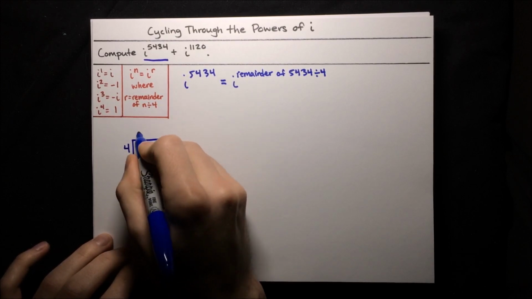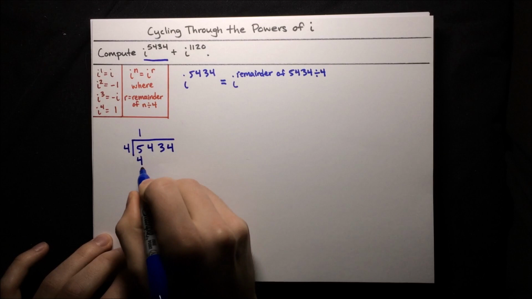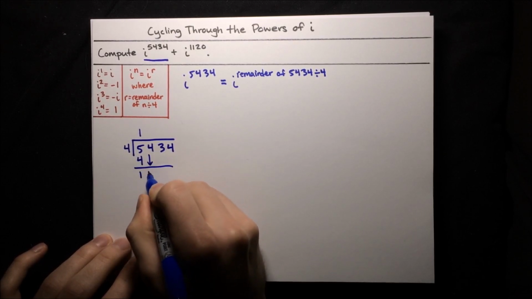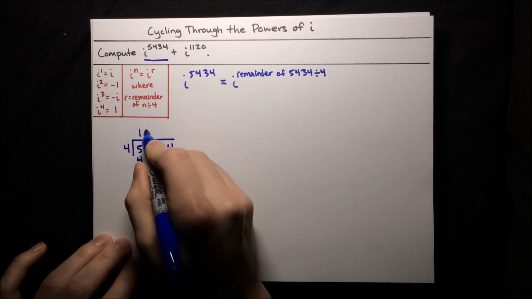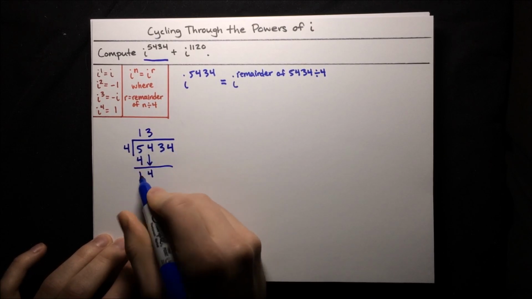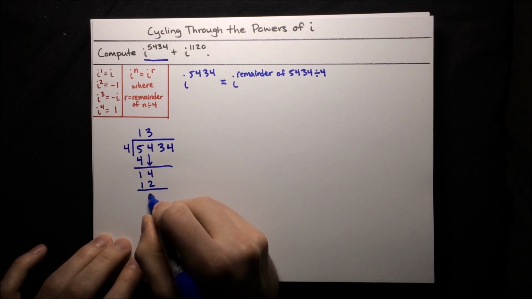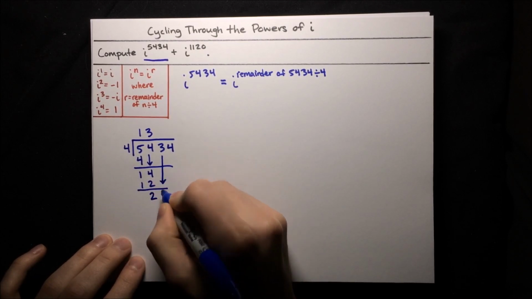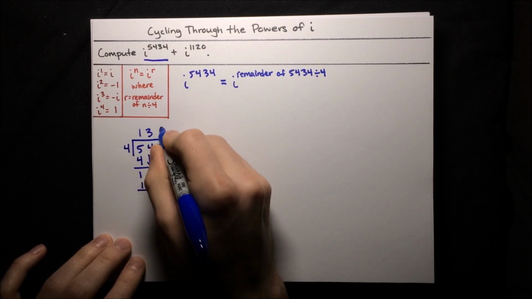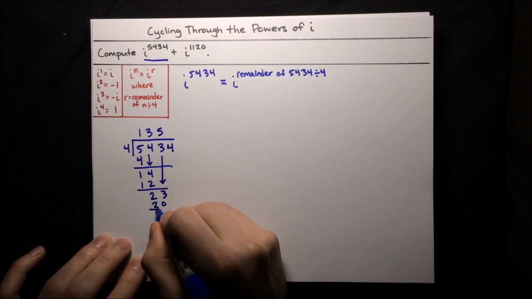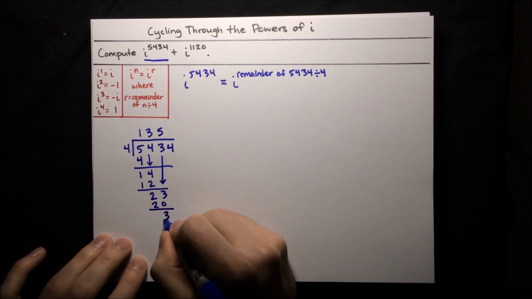So 4 goes into 5 once. 4 times 1 is 4. Then 5 minus 4 is 1. Bring down the 4 to get 14. 4 goes into 14 3 times. 4 times 3 is 12. Subtract, and you get 2. Then bring down the 3. 4 goes into 23 5 times, and 5 times 4 is 20. So subtract, and you get just 3.